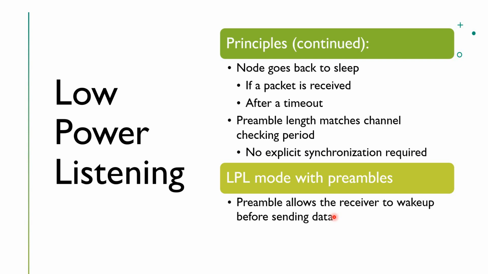The preamble is a series of zeros and ones, and you should have learned this in previous courses as well. Whenever you receive a series of zeros and ones, that means you have to wake up, because someone might be sending a packet to you. And if that preamble length matches the channel checking period, then you do not need any synchronization, because you are already synchronized with that preamble.